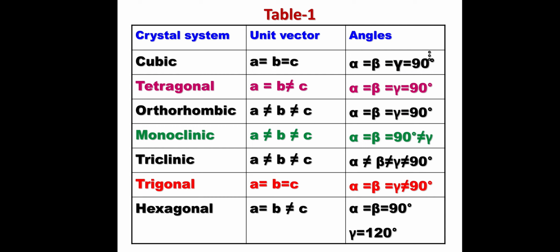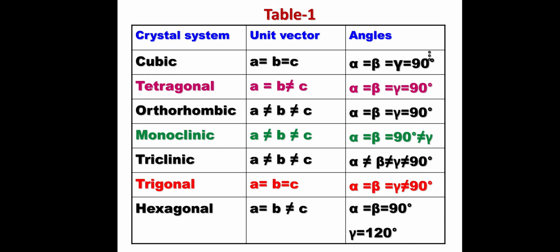Okay, that is monoclinic. And triclinic. So triclinic, all the three sides of the unit cell are unequal, and all the three interfacial angles are unequal and other than 90 degree. Alpha not equal to beta, not equal to gamma, not equal to 90 degree.